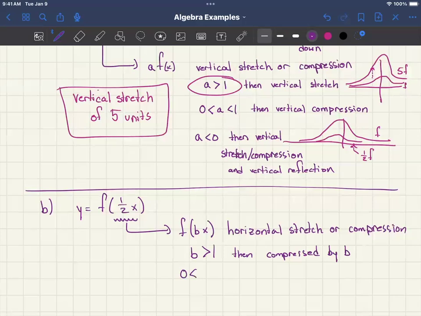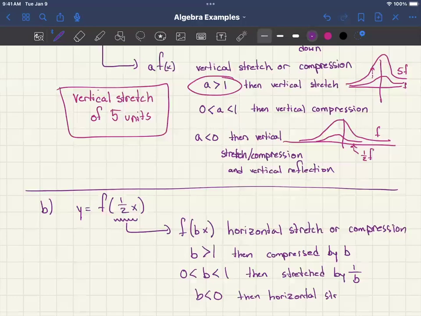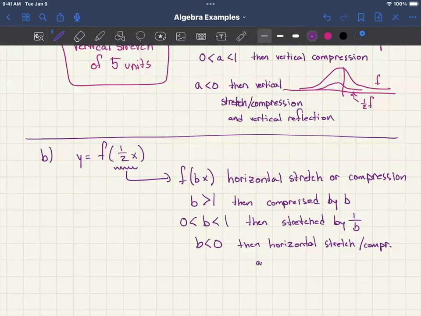If b is between 0 and 1, then we are stretched by 1 over b. And if b is less than 0, then it's a horizontal stretch or compression, plus a horizontal reflection.